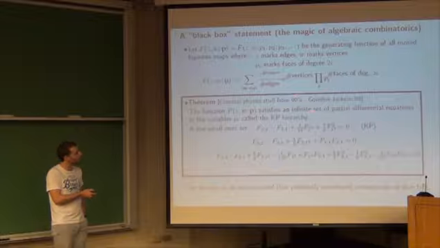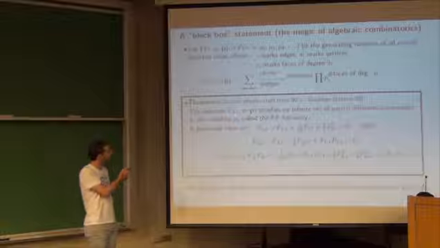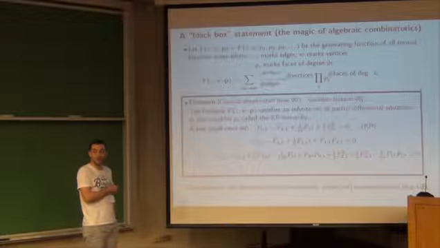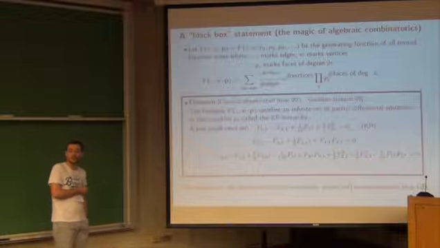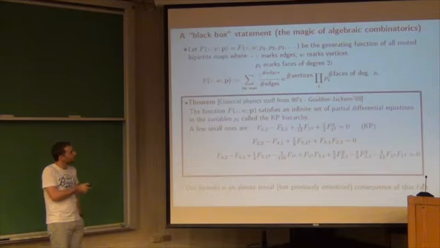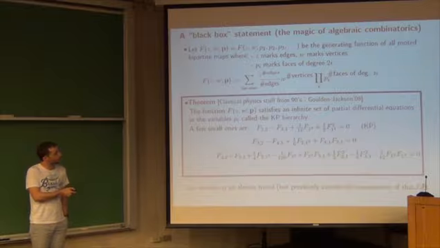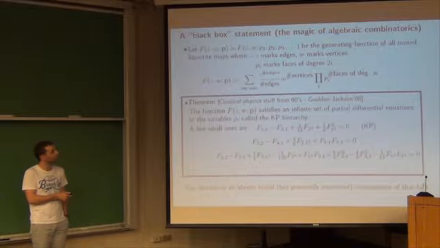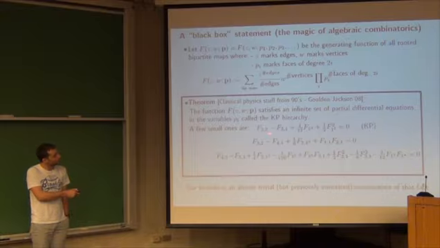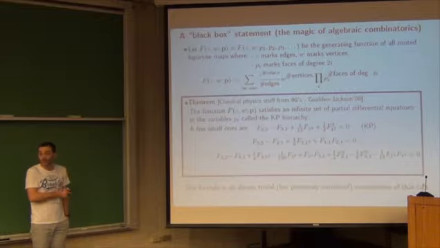There is a paper by Goulden and Jackson, but it was actually known before, that says that this huge object is actually a tau function of the KP hierarchy, which in concrete terms means that it is a solution of some infinite set of partial differential equations with those variables p_i. I'm not going to describe this infinite set, but here are some small examples. So this function is a very complicated object that satisfies some simple relations.